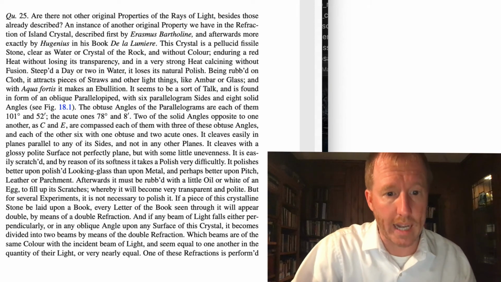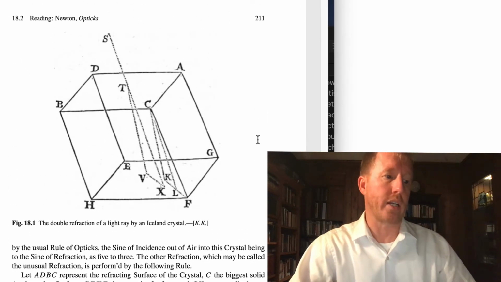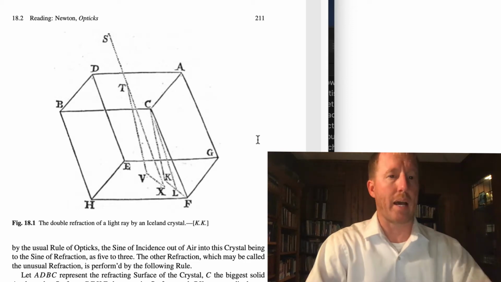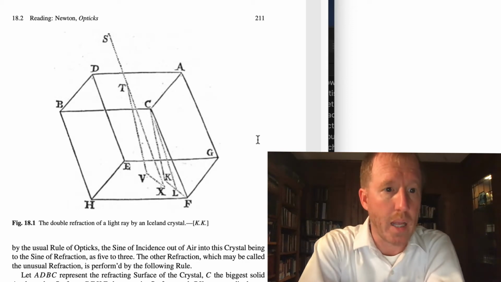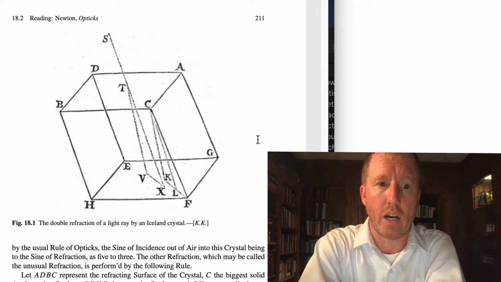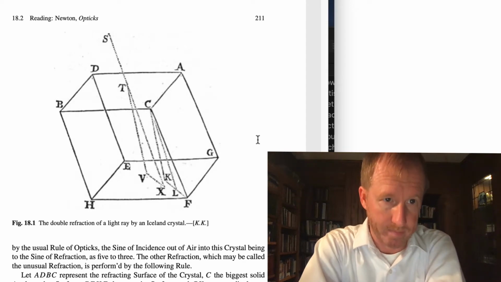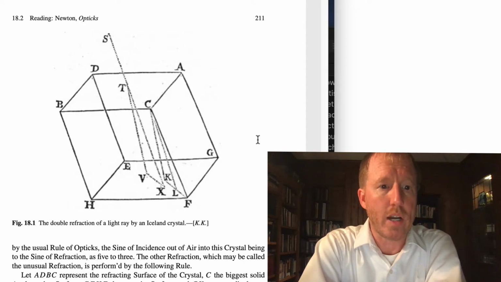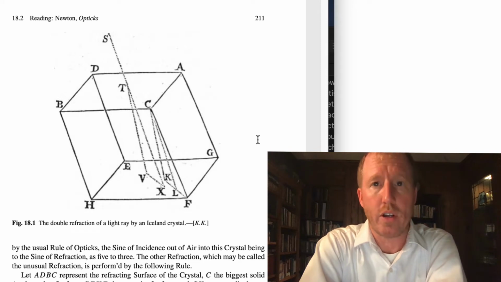So if we look at page 211 in the text, he has a schematic diagram depicting a crystal of this Iceland spar or calcite. And he tries to describe in great detail the various angles between the faces of this crystal.